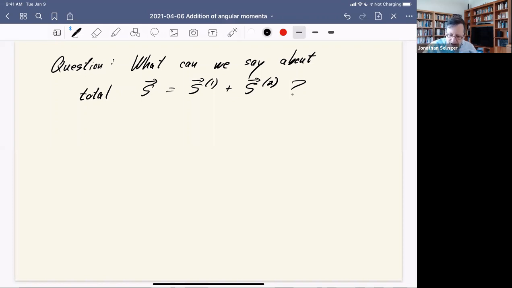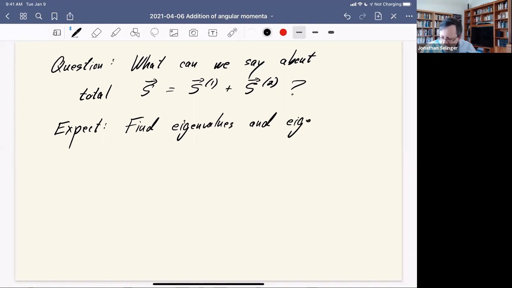Now, the combined spin is still an angular momentum. So what do we expect? Because it's an angular momentum, we expect to find eigenvalues and eigenstates of SZ and S squared simultaneously.